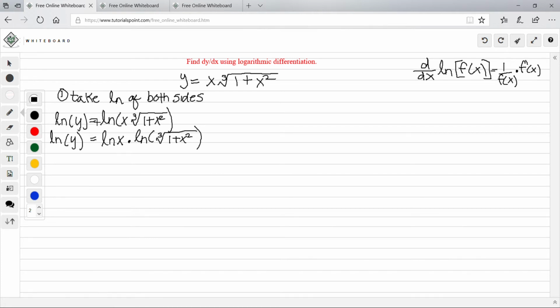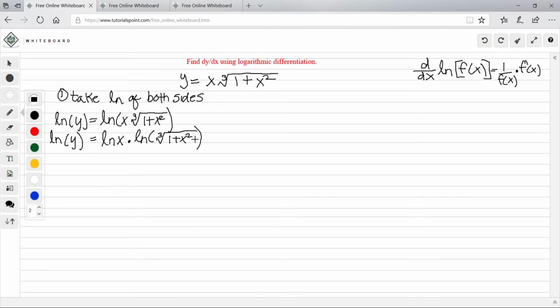Okay, so we could actually simplify this even more. First off, for the rule of log, what happens when we're really multiplying? We're really adding, right? And then we can actually simplify this.